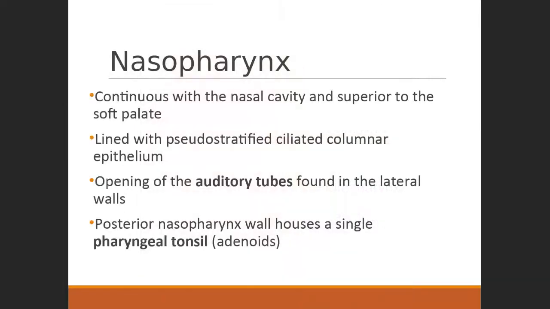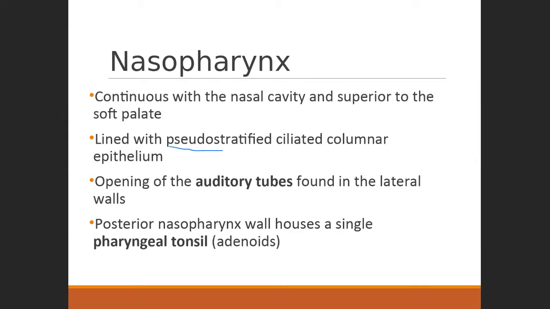We also have the openings to our auditory tubes, or eustachian tubes. Remember the middle ear that we discussed back in A&P 1. We use these auditory tubes to drain fluid from that middle ear. It'll drain into the back of the throat and ultimately get disposed of as it drips down the back of the throat and into the esophagus.